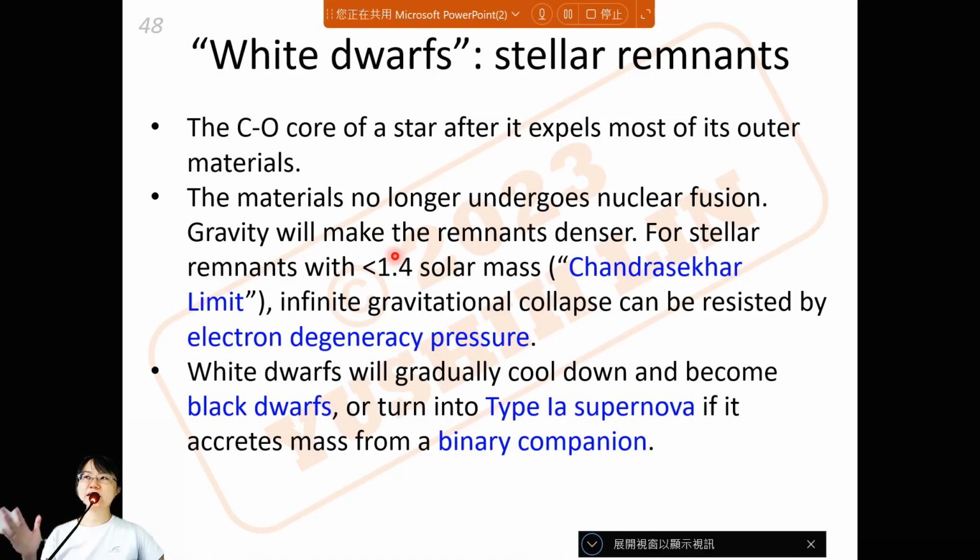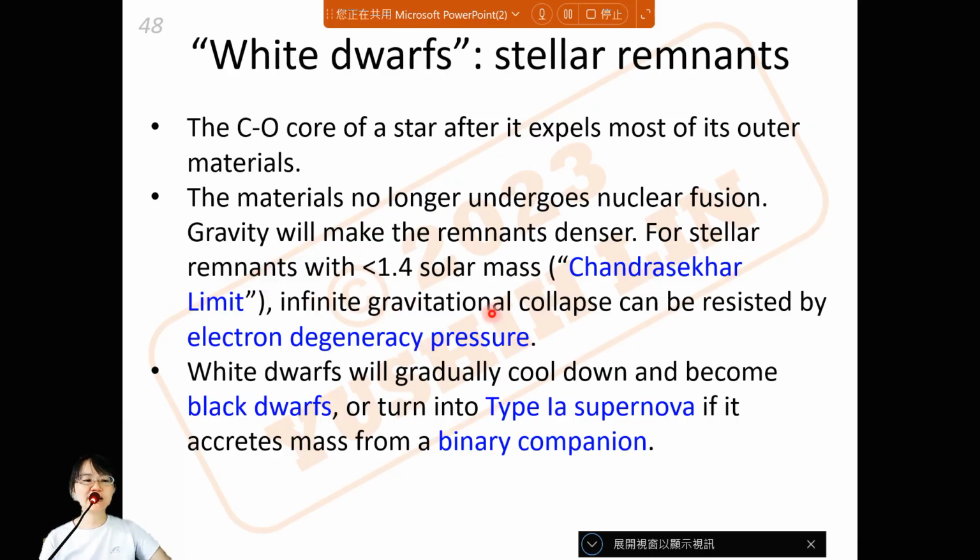At the beginning, the star mass is 2 solar mass. So after the planetary nebula stage, it will throw away 0.6 unit of its mass, leaving 0.4 solar mass. Then it will be within the Chandrasekhar limit. What is the importance of this Chandrasekhar limit?